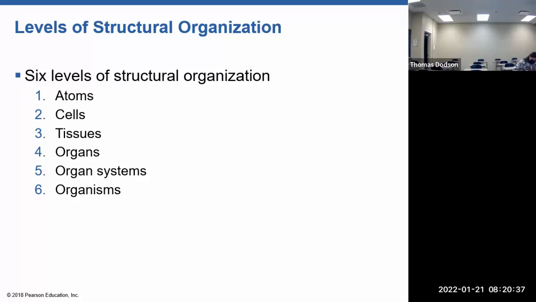We put them together, we get cells. Put those together, you get tissues. Different tissues make different organs. Organs work together in systems. It's the organ systems level that we're probably looking at physiology the most, at least for this class, and then at the organism level as well: how all of those organs work together to make the organism.